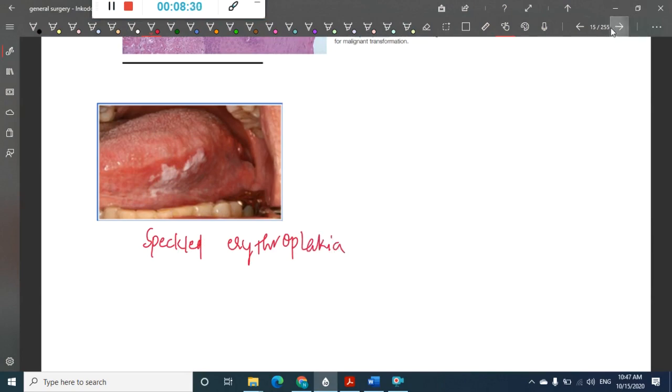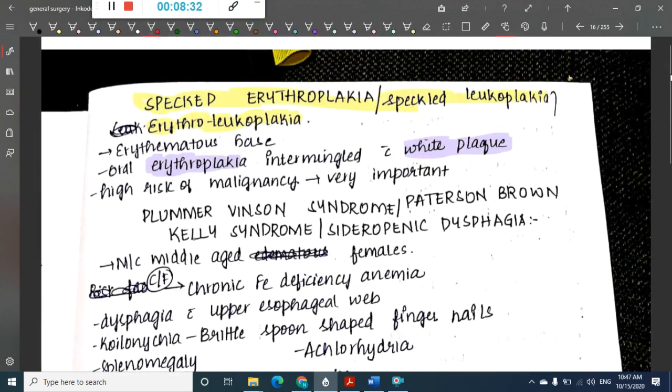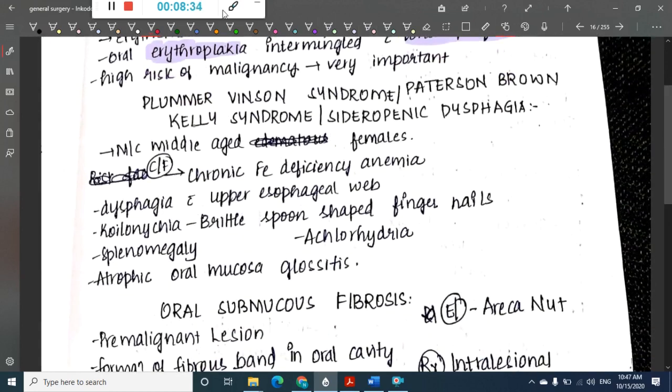Next, the next syndrome which is important, which is a pre-malignant lesion, is Plummer-Vinson syndrome, also called Peterson-Brown-Kelly syndrome, or we can call it sideropenic dysphagia. This is most commonly seen in middle-aged females, where it is most commonly seen in chronic iron deficiency or dysphagia with upper esophageal web.